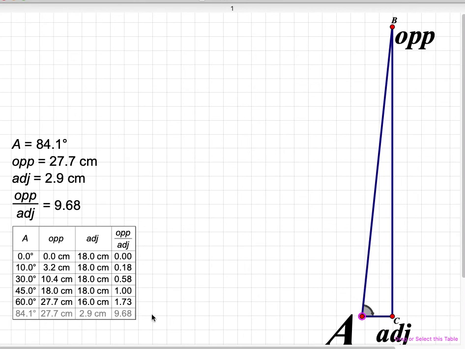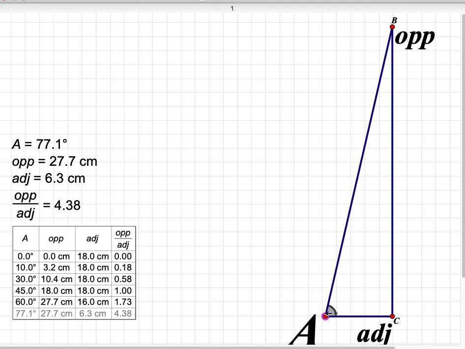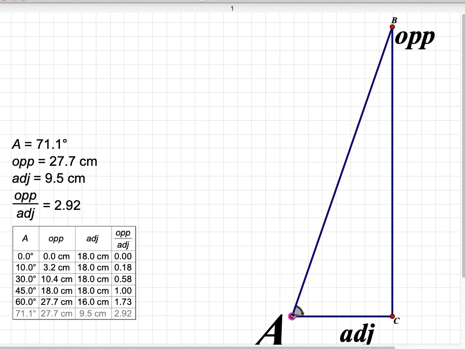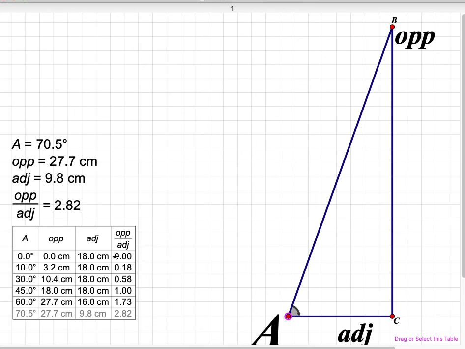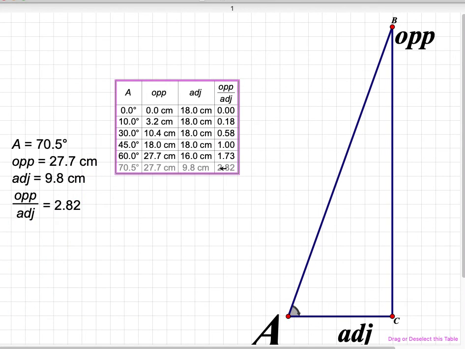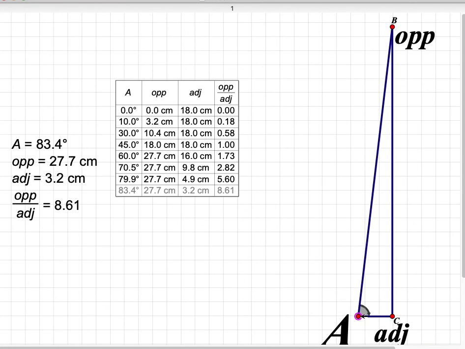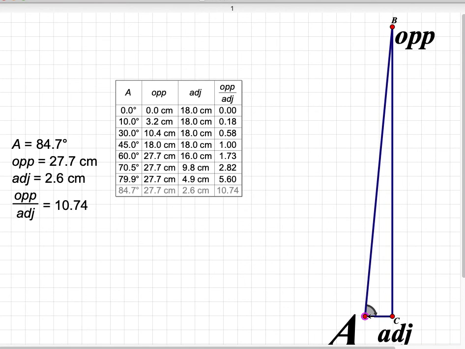Notice how, I'm going to go back for just a minute so we can watch it grow. I'll actually add some rows to my table. About 70 degrees, 80 degrees, and you can see how the tangent, it's not just that it's growing pretty fast. 85 degrees.